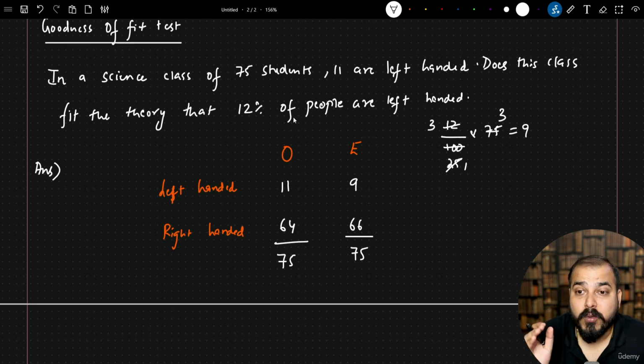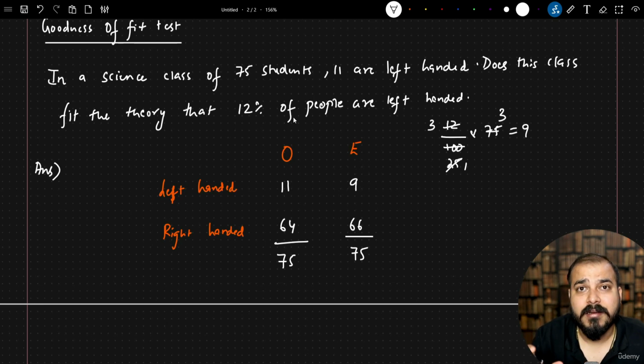Now I need to do a chi-square test, checking whether this observed value is a goodness of fit for the expected values. This is what we are going to compare. There is a formula that we can use to do the chi-square test, which we will use on a specific problem statement in the next video.